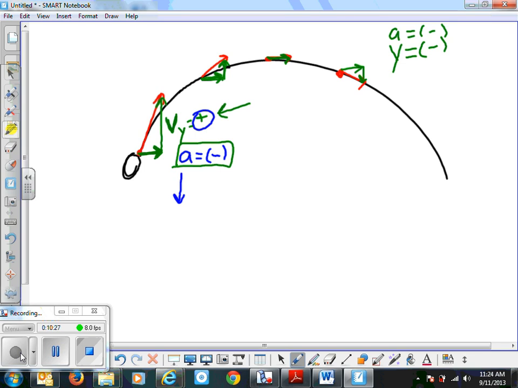Get bigger and bigger because they're in the same direction. And so then we get back down to here and we have our resultant, or our actual velocity. But what we work with is the x and the y. You can see that the y has gotten bigger.